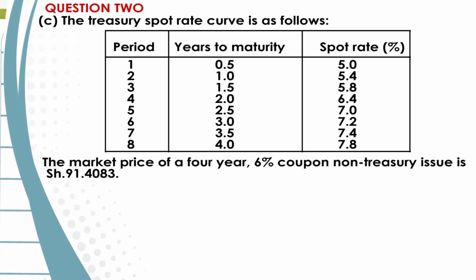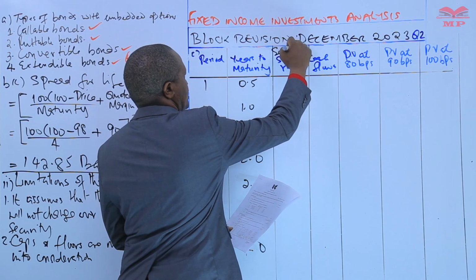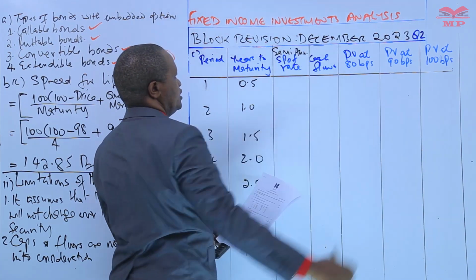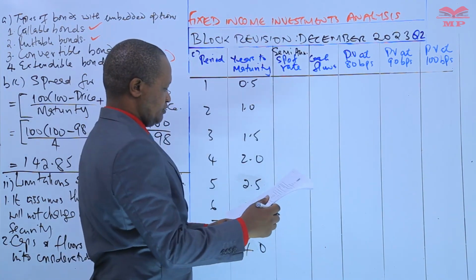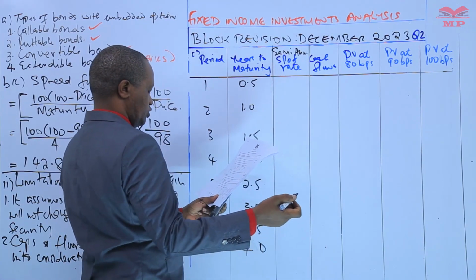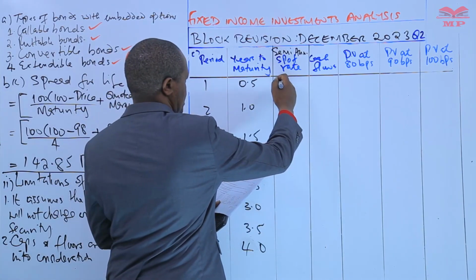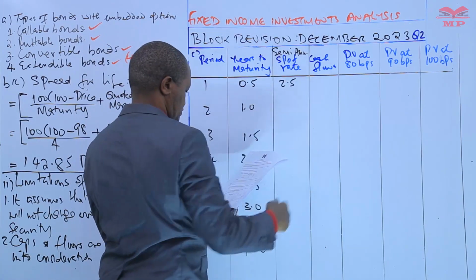This spot rate given in the question is an annual spot rate, and therefore we need to convert it to a semi-annual spot rate. So we are going to divide by 2. 5.0 divided by 2 gives us 2.5.